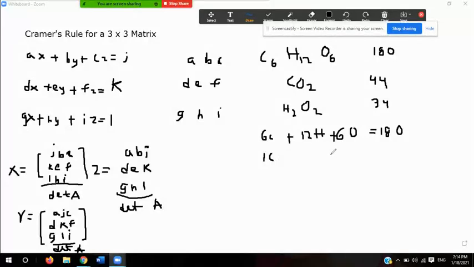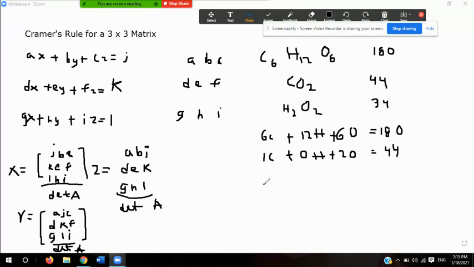It has no hydrogen, plus 2 oxygen. Your book doesn't write it, equals 44. But if you want to keep things aligned, it has no hydrogen, and you would represent that in the equation as 0H. And the last part of the equation says 2 hydrogen.